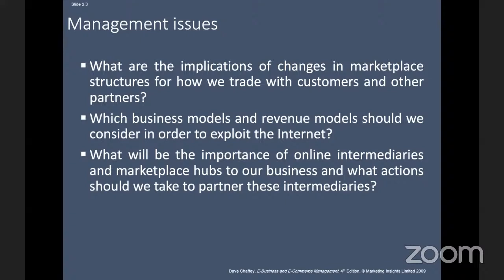So the second question is, which business models and revenue models should we consider in order to exploit the internet? Obviously, when we are doing business on the internet, we have to consider certain types of business models and revenue models that are suitable to our business and to the industry in which we are doing our business. Finally, what will be the importance of online intermediaries and marketplace hubs to our business, and what actions should we take to partner with these intermediaries?